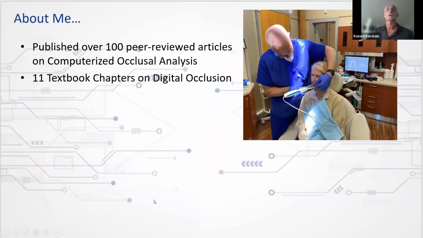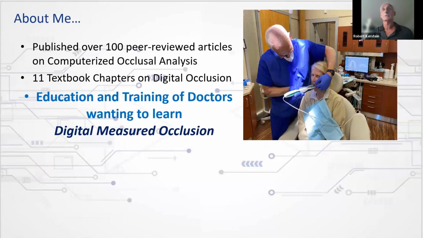I've published over 100 peer-reviewed articles on computerized occlusal analysis, which is mostly on the different versions of T-scan, T-scan 1 to T-scan 10. I've published on them all, as well as on other biometric technologies like EMG and jaw tracking and chewing function. I've written a number of textbook chapters that involve T-scan and digital occlusion.